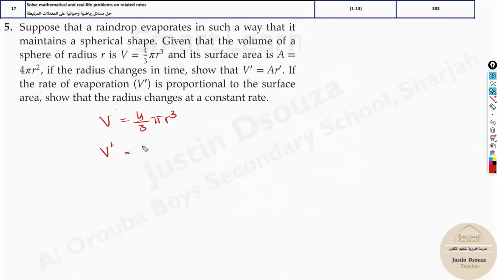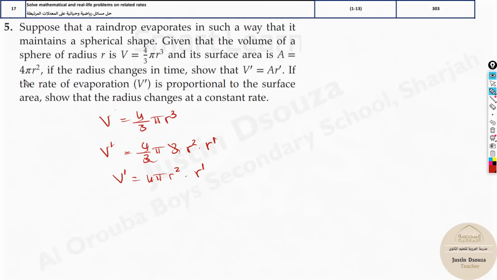And here I'm just writing it directly. So V dash is equal to, derived it. This remains same, 4 by 3 pi remains same. What happens over here? It'll be 3 times r square times r dash. Now simplify this. V dash is equal to 4 pi r square times r dash.